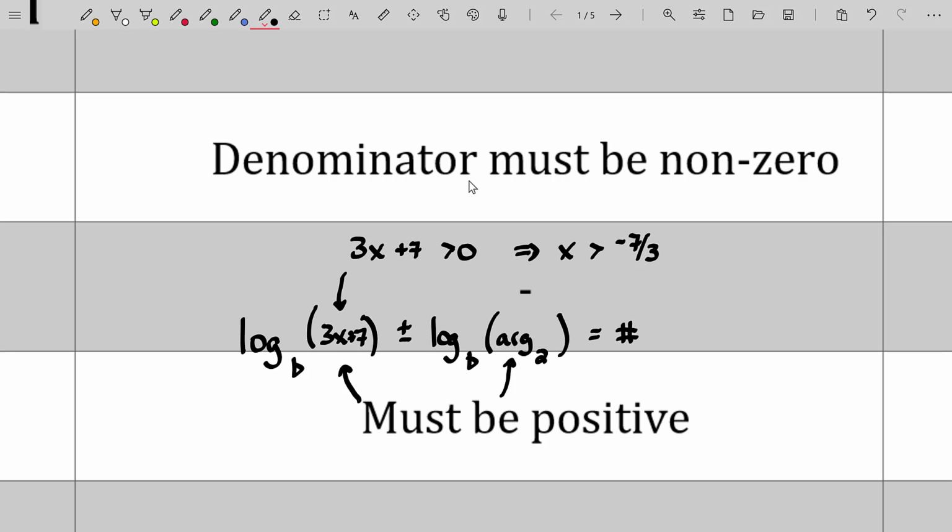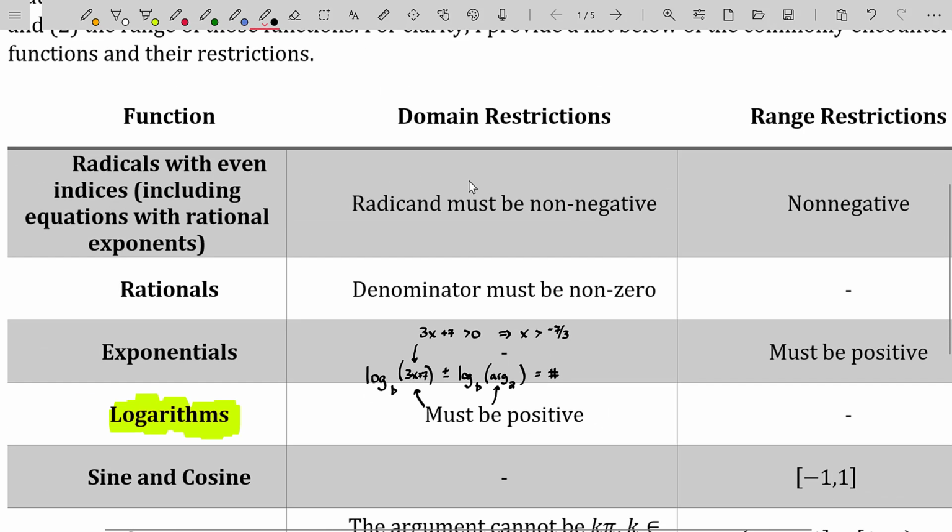It's called extraneous. Otherwise, you don't really have too much in the way of restrictions when it comes to the range of logarithms. They can have any number as their output. So this number on the right-hand side here is not really much of a consideration for me when I'm solving a logarithmic equation, because again, logarithms can return any number.